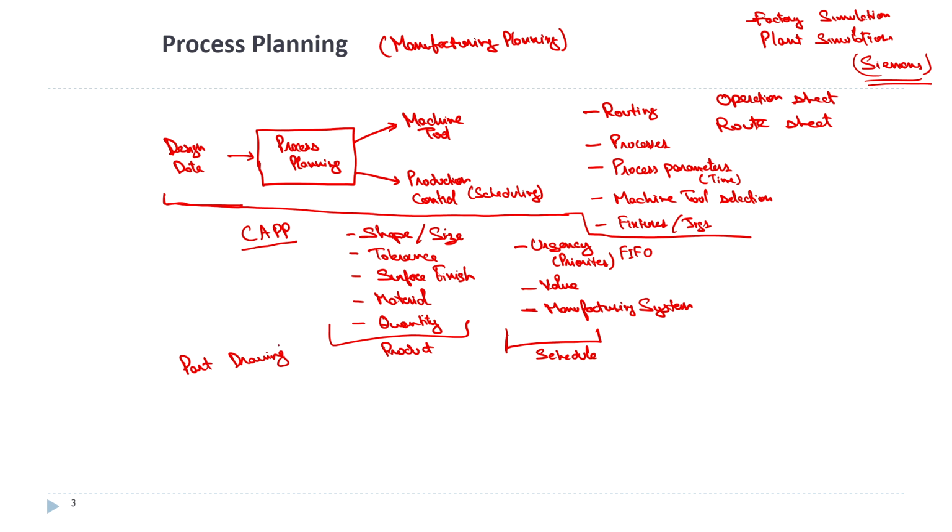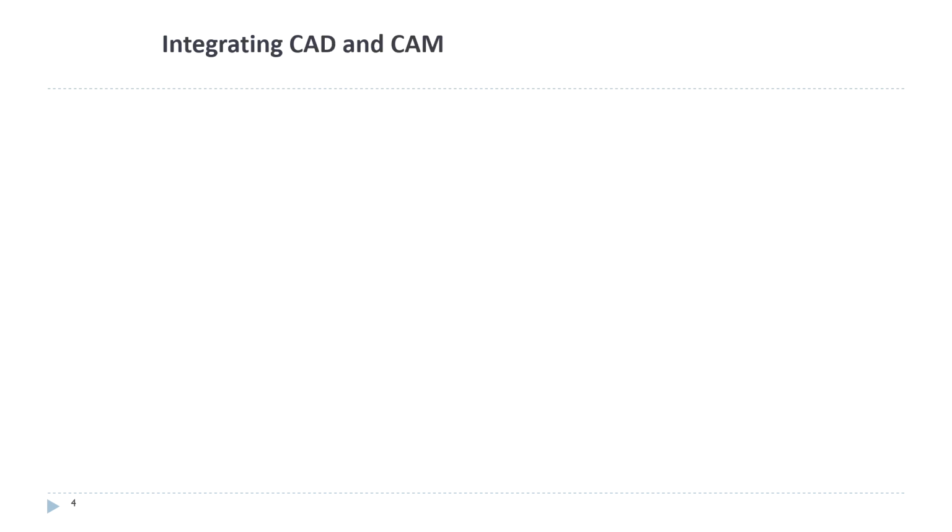Here comes the role of the part programming. Now, to integrate the CAD and CAM, computer aided process planning plays a big role, and to increase productivity and reliability in an increasingly competitive market nowadays, this integration is imperative.